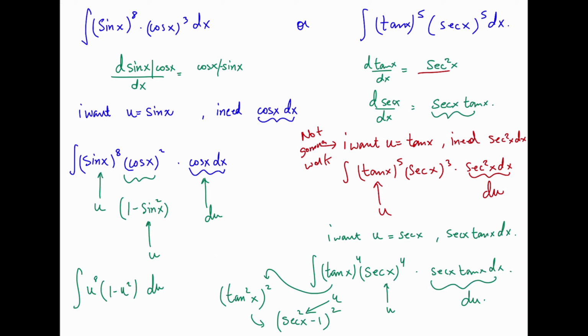If you want to substitute tan as u, then you need to have a secant squared x dx there to facilitate the substitution, right? So when you do that, you would have to strip off two of these and write it on the side. So tan x is u, secant cubed, and secant squared x dx will become your du, right?